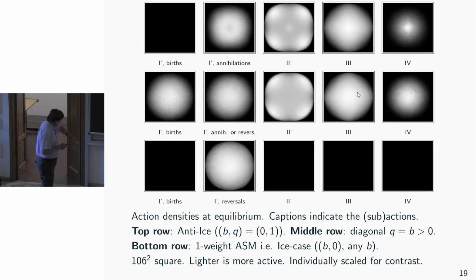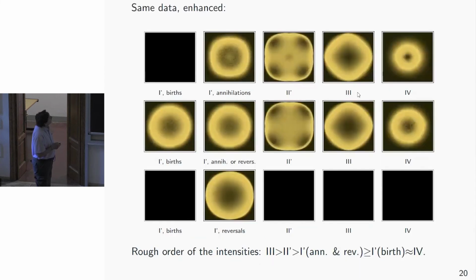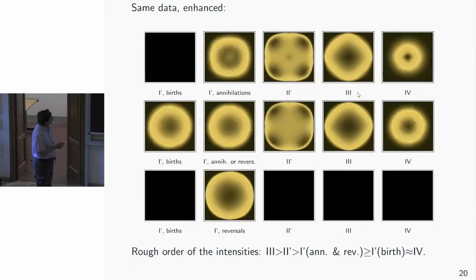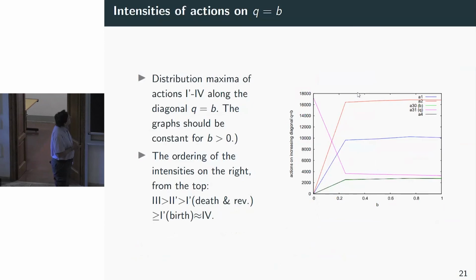Okay, I'm almost out of time. What I should say here is that these have been scaled for contrast. So the actual intensities are roughly like this. And I don't have time to explain exactly how the magnitudes are, so I have to give that away.